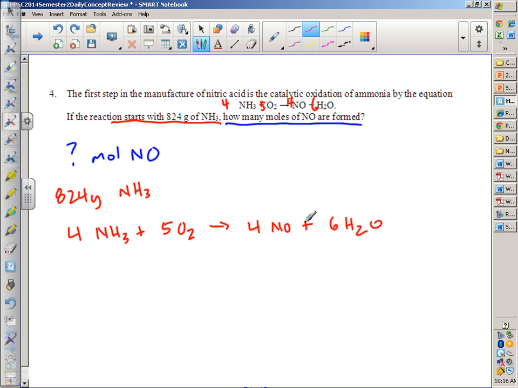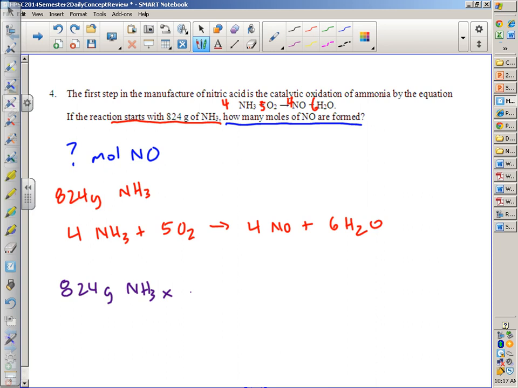Okay. Like I said, I don't expect you to be able to do it that fast, okay? But you need to balance it anyway. All right, so now let's go through this, okay? We start off with what we were given, 824 grams of NH3.